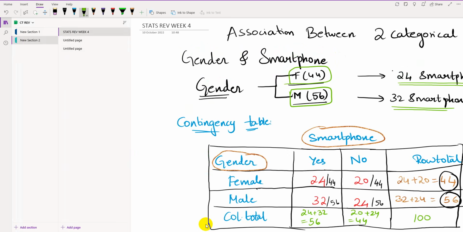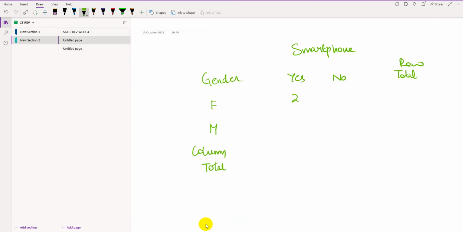We have taken the values 24, 20, 32, 24. This is nothing but 44, 56, this is 56 and 44.